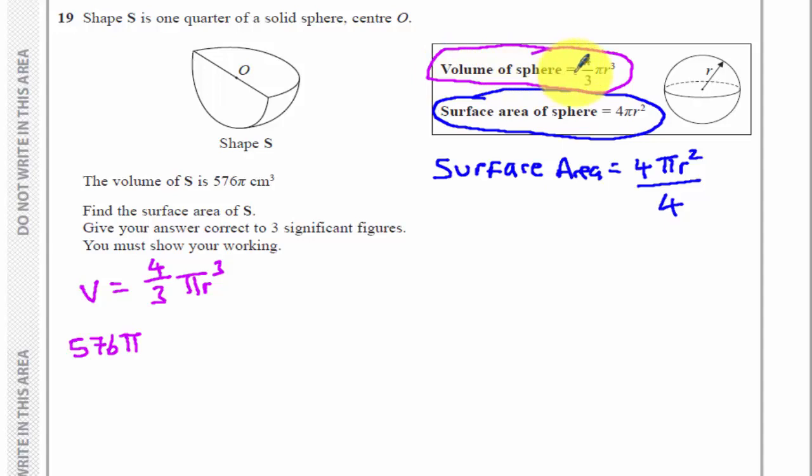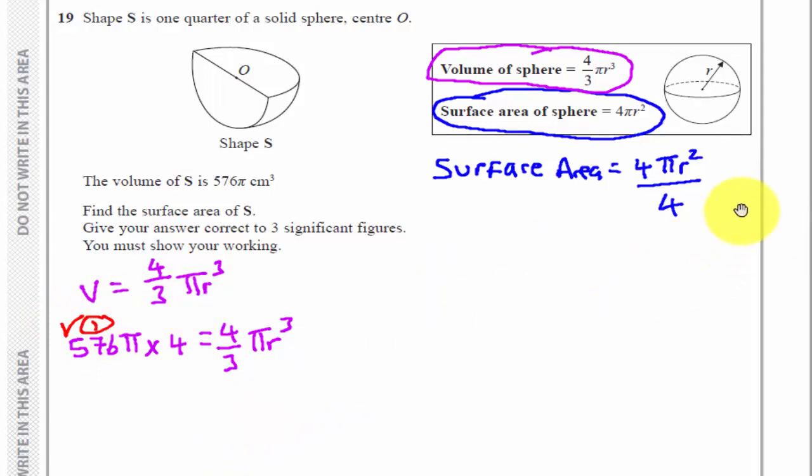The formula is for the volume of a sphere, not 1/4 of it, so I need to times that by 4, and then that will equal 4/3 pi r cubed. Getting to that point picks me up a mark.